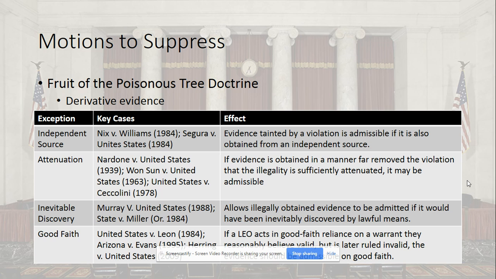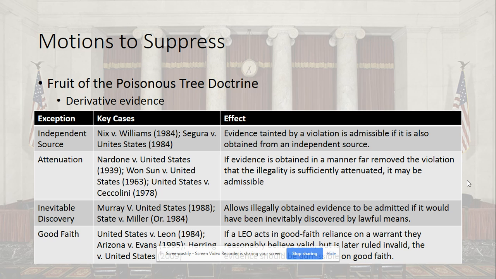So we have the fruit of the poisonous tree doctrine and derivative evidence. With fruit of the poisonous tree, basically it says that illegally obtained evidence is fruit of the poisonous tree and therefore inadmissible in court.